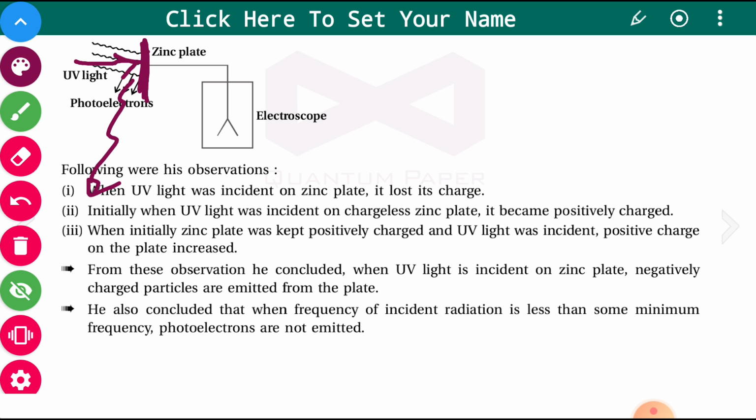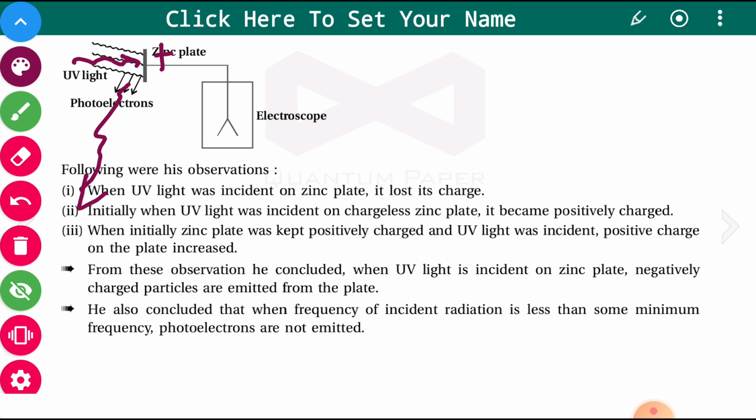If you keep this zinc plate positively charged initially, and you make the ultraviolet light incident, then what will happen? It will again lose the electrons, so it becomes more positive. So the positive charge on it increases.